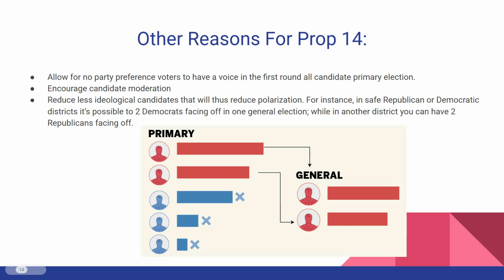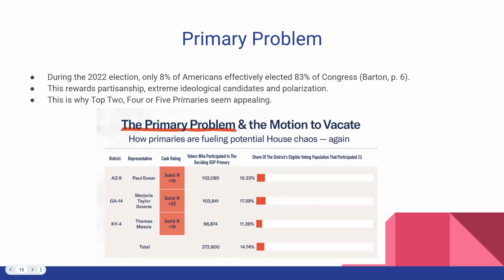And this goes to another reason why many advocates support top 2 or top 4 or top 5 jungle primaries, and why it may seem appealing. You see, when it comes to partisan primaries, only 8 through 10% of voters effectively end up electing 83% of our Congress.